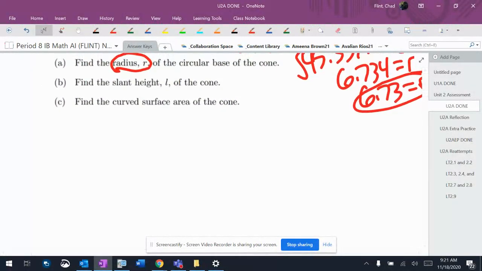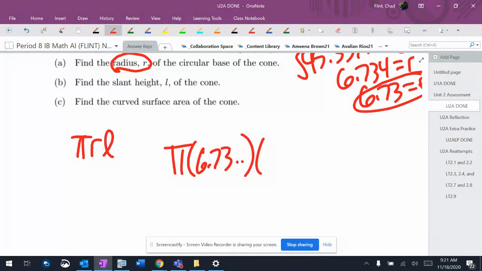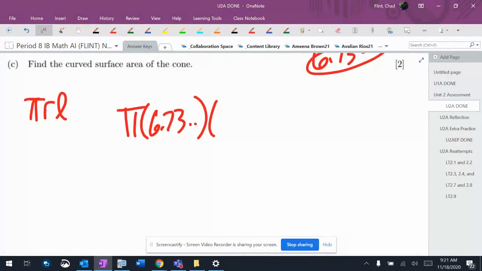And then it says find the curved surface area of the cone. So on your formula sheet, you'll have a curved area formula, which is pi r times the slant height. All right, so that's pi times the radius, which was 6.73. Again, I'm going to use the whole thing, times the slant height, which was 21.10.